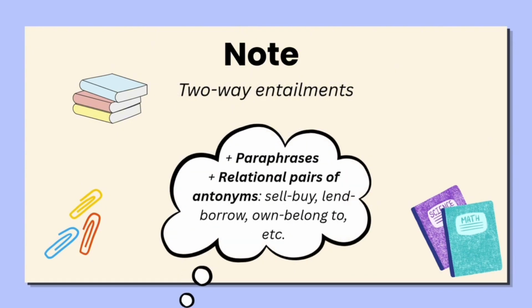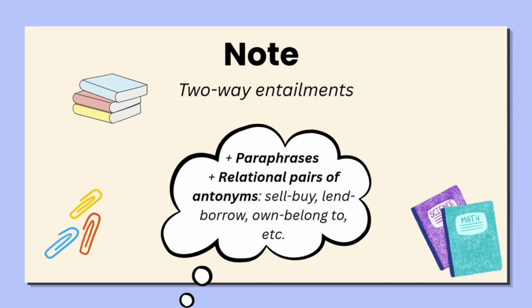This slide explains that two-way entailments often appear in paraphrases and relational antonyms. First, paraphrases. Paraphrases are different sentences that express the same meaning. So if one sentence is true, the other is also true. Second, relational antonyms such as sell and buy, lend and borrow, own and belong to.